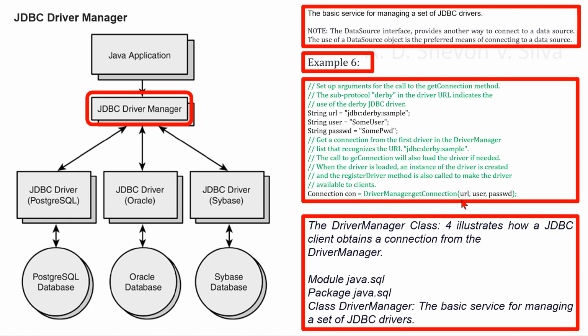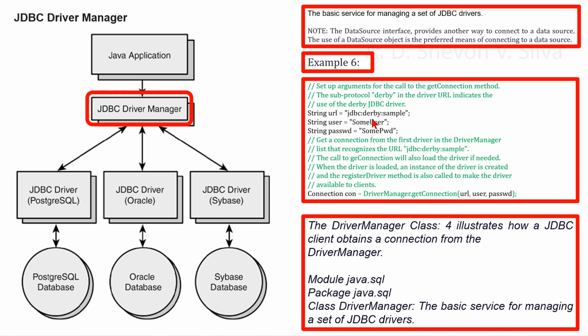The DriverPropertyInfo class provides information on the properties that the JDBC drivers can understand. See the JDBC API specification for more details. Here are the setup arguments for the call to the getConnection method.